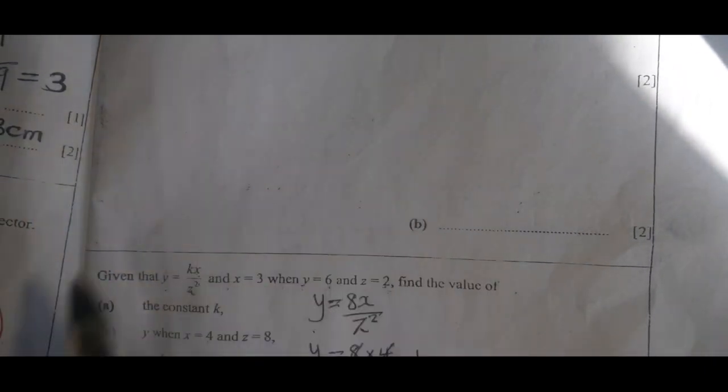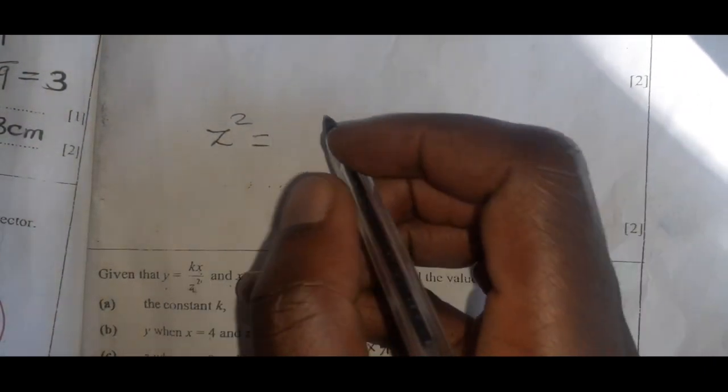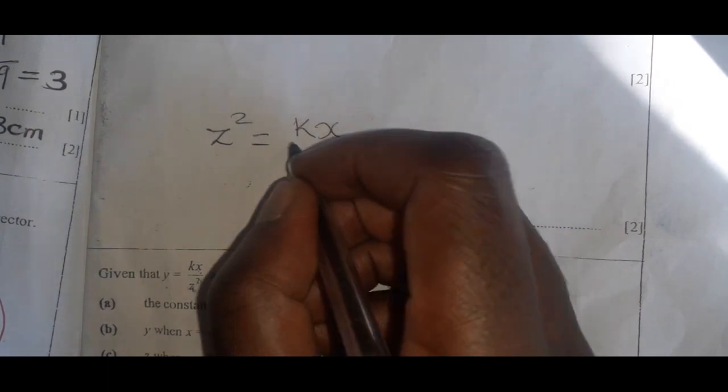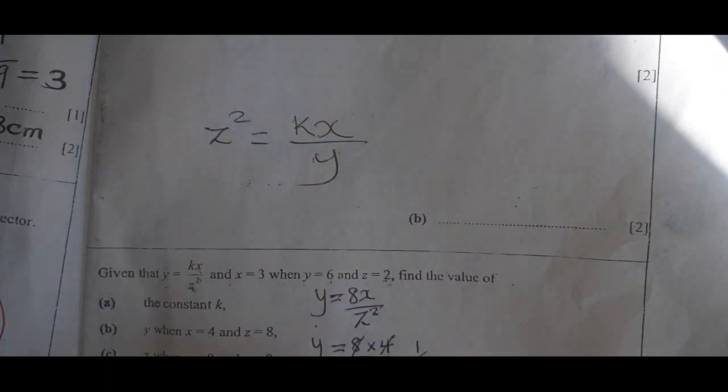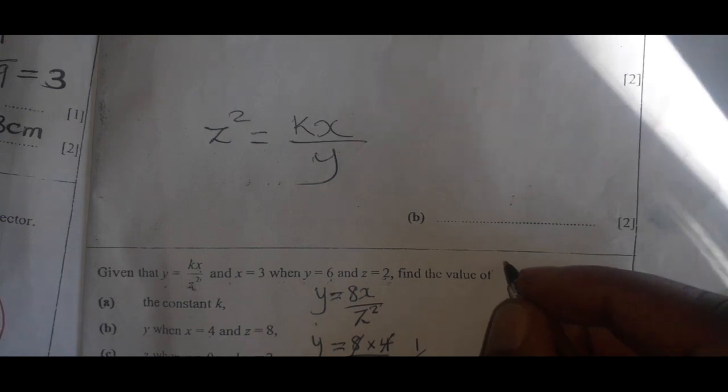So we're going to have z squared is equal to kx over y. This is what we're going to have, isn't it?